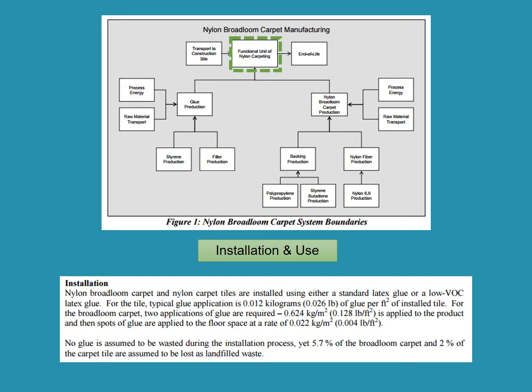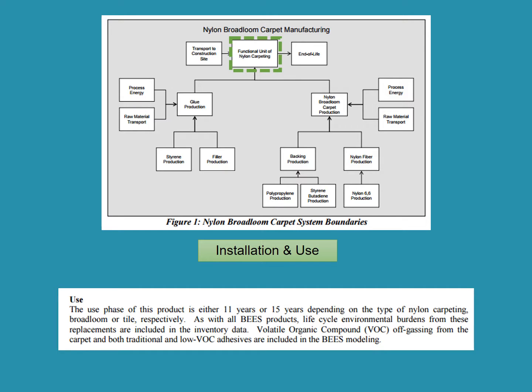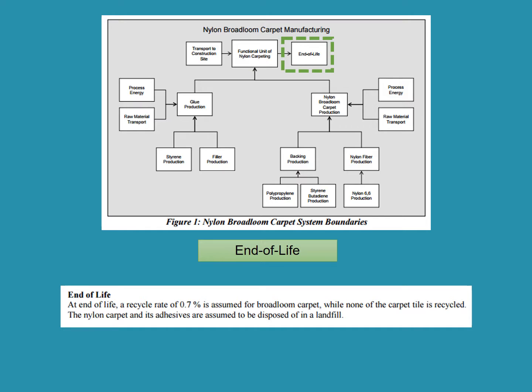We can also see the use stage assumptions, such as the useful life of the product and VOC impacts from carpet off-gassing. Lastly, we see the end-of-life narrative, which discusses the average recycling rate of carpet and that the rest of the product is assumed to be landfilled.